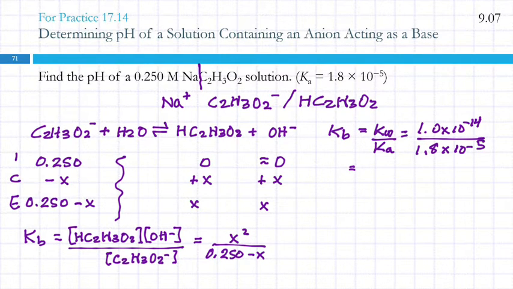Yeah, I did it wrong. So yeah, 5.556 times 10 to the minus 10.